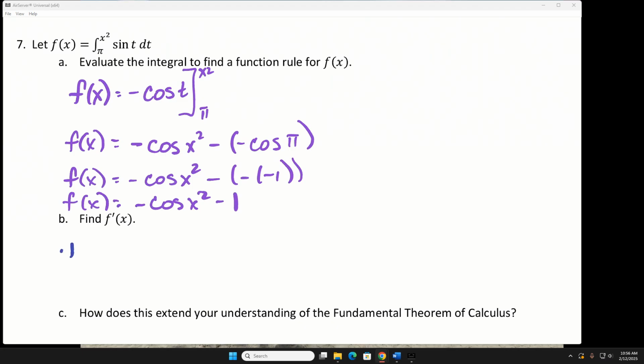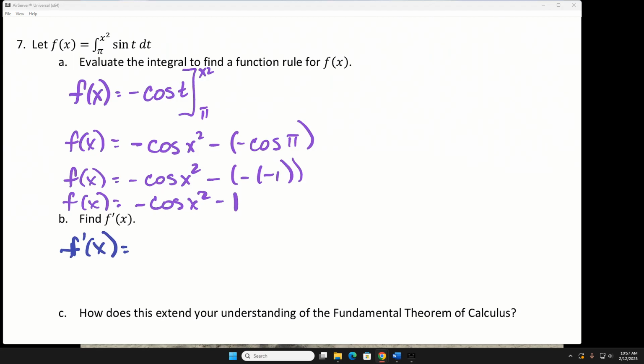All right, so I know I told you we have to be able to go back and forth between integrals and derivatives. So we're going to find the derivative of the negative cosine of x squared minus 1. So what is the derivative of the cosine of something? Negative sine of something.